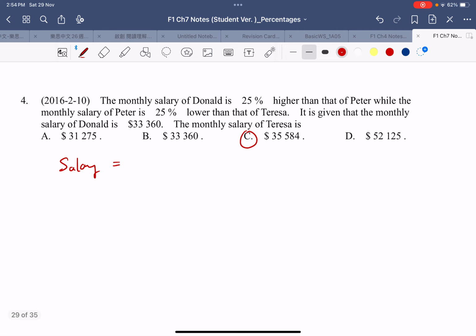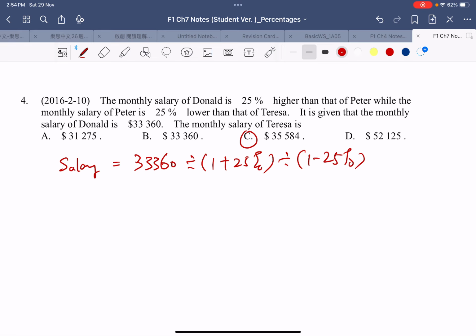You need to compare it with Donald's. Donald's salary is this, divided by (1 plus 25%), and then further divided by (1 minus 35%).